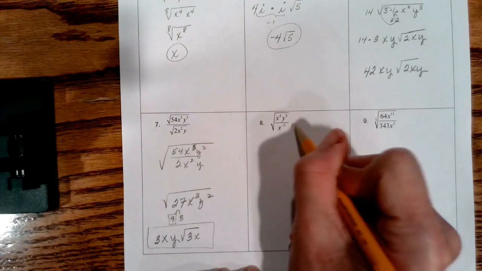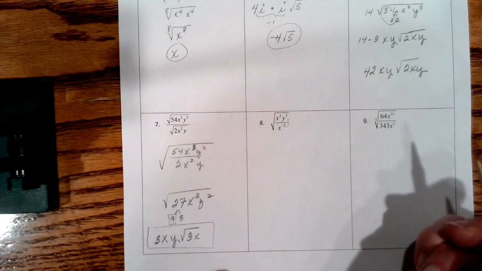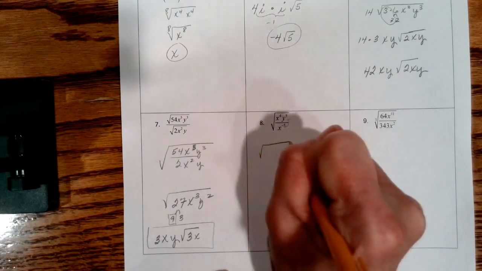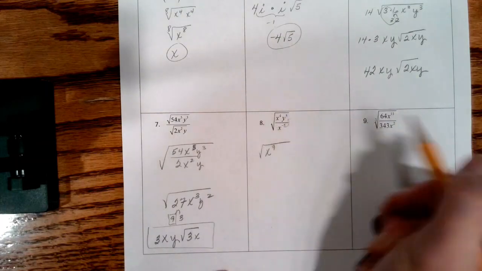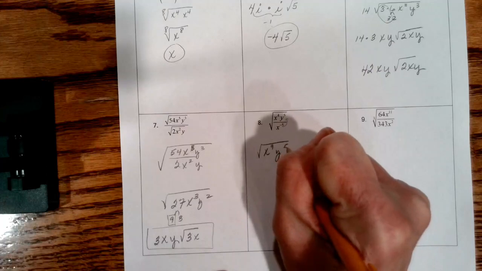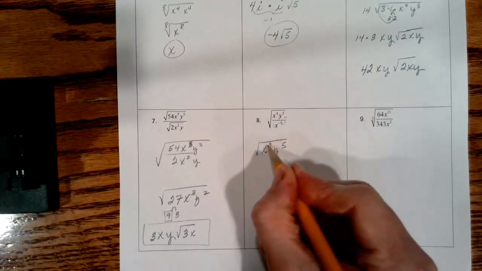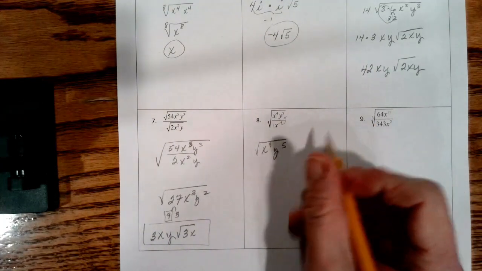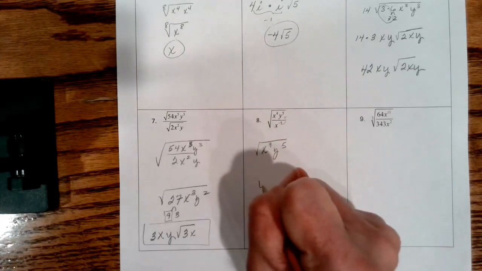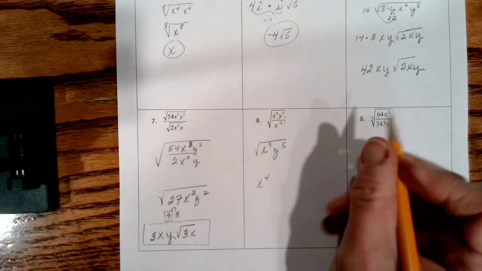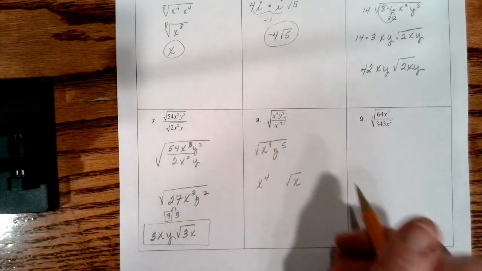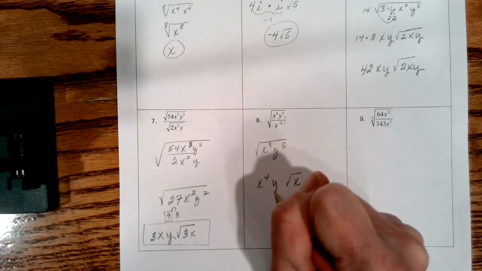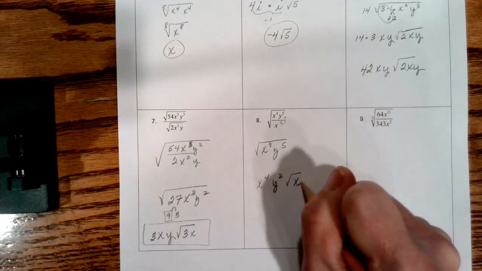This negative exponent wants to be up here with its friends, so I want to find the square root of x to the 9th, because it's same base add, y to the 5th. 8 x's come out in 4 groups of 2, with 1 left inside, and my y's come out in 2 groups of 2, with 1 left inside.